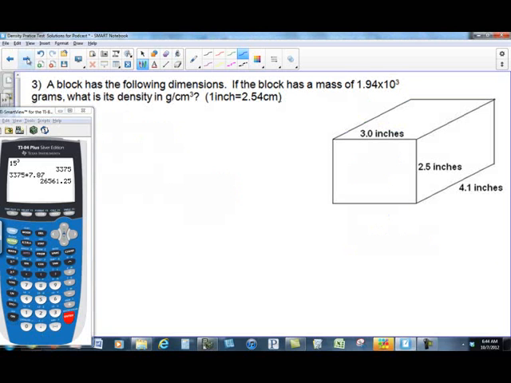Okay, a block has these dimensions listed here. If the block has a mass of 1.94 times 10 to the third grams, what is its density in grams per centimeter cubed?